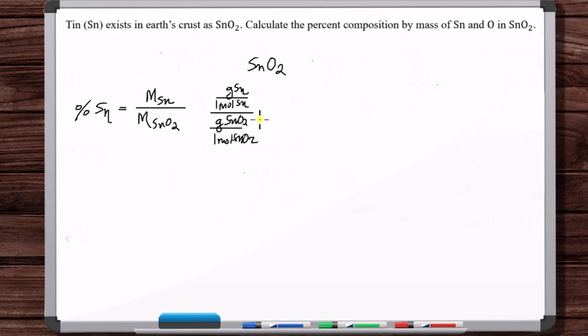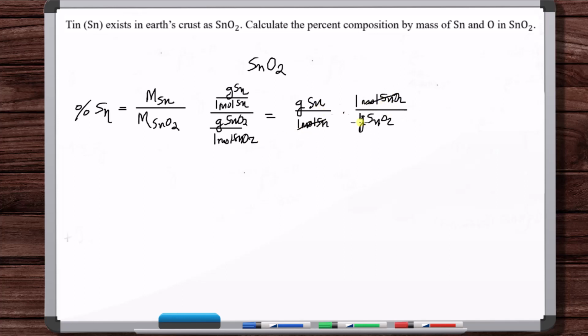If you do this division, we're just looking at the units. A mole of tin and a mole of SnO2, tin oxide, that's the same thing. It's like saying you have 1 dozen of something and another dozen of something. That's the exact same thing.